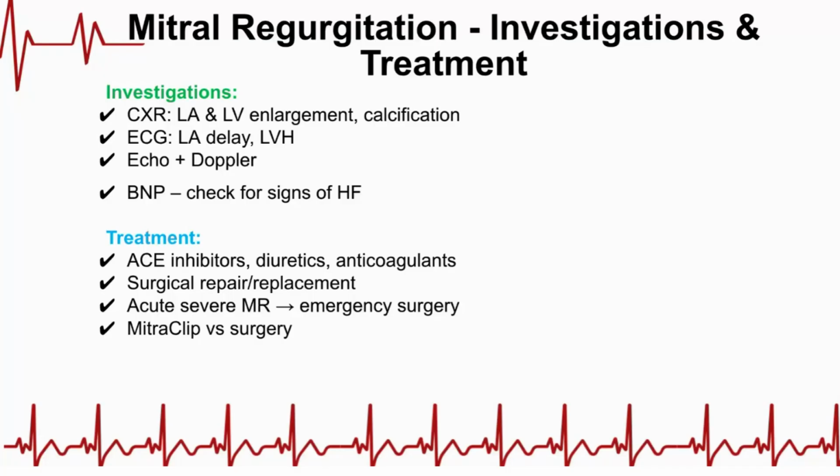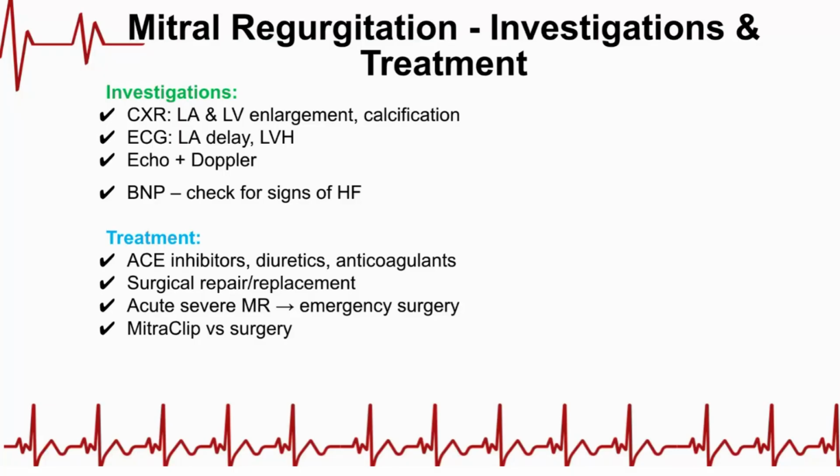But still, the best way to find out if somebody has regurgitation or not is using an echo and also a Doppler alongside it. So a Doppler would look at the flow of blood. Echo looks at the valve area, the competence of the valves, and also looks at the chambers as well. So that's pretty accessible in most hospitals in the UK.